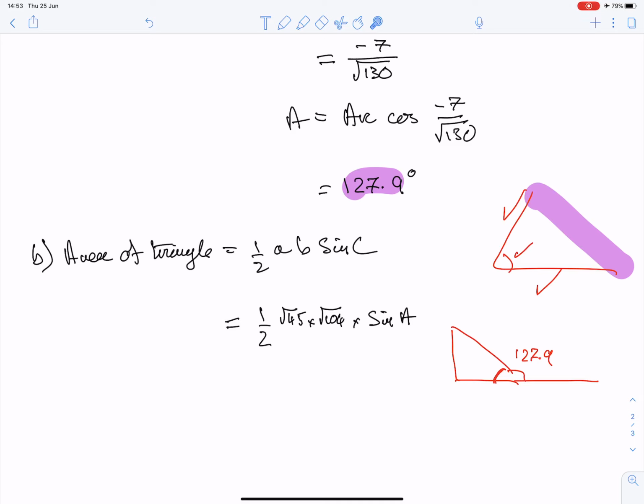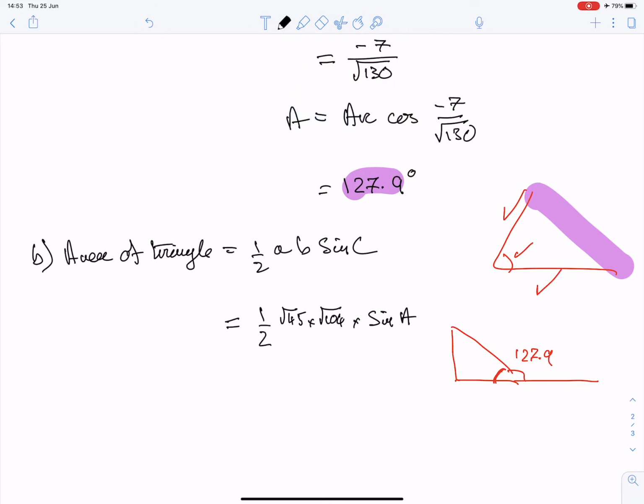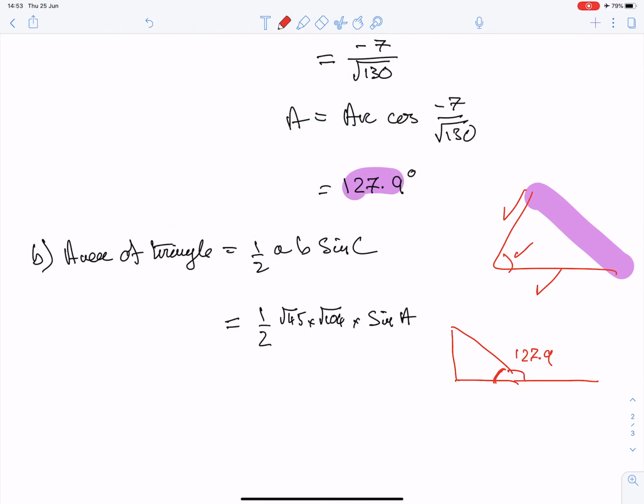Now we've got this information, that's what we know about A. So we know that the hypotenuse of this triangle is root 130, and this length here is 7.